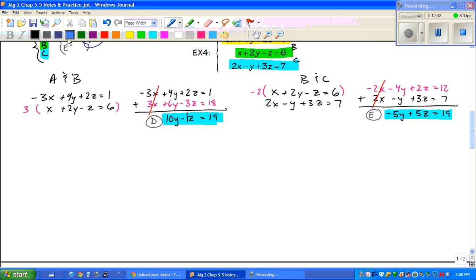So over here we're going to do D and E. The 10y minus 1z equals 19, and the negative 5y plus 5z, remember those are z's, equals 19.